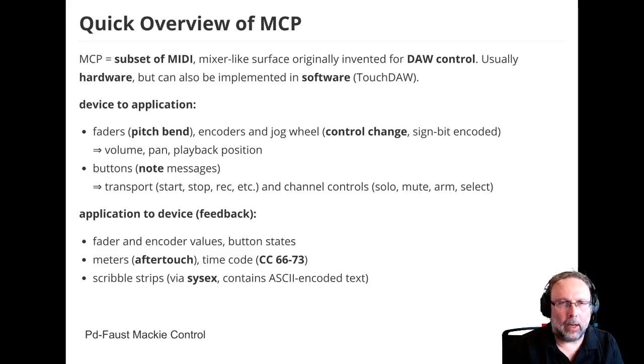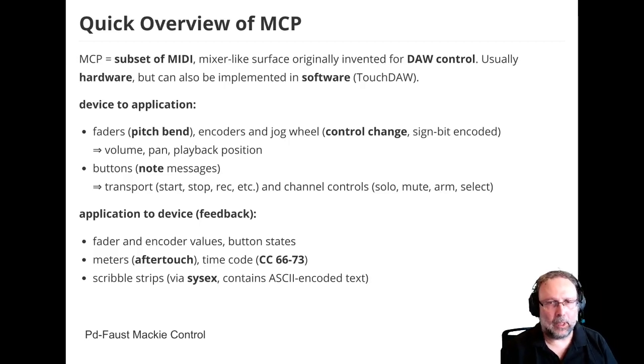And there are some dedicated control change messages to transmit a time code so that you can see musical time or wall time on the device. The device needs to have some kind of display for that. And another important thing are the scribble strips, which we'll see in a moment.